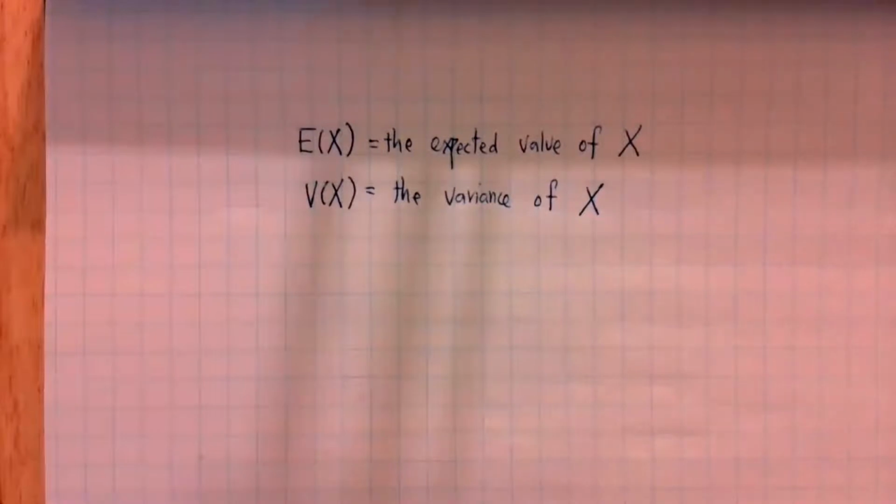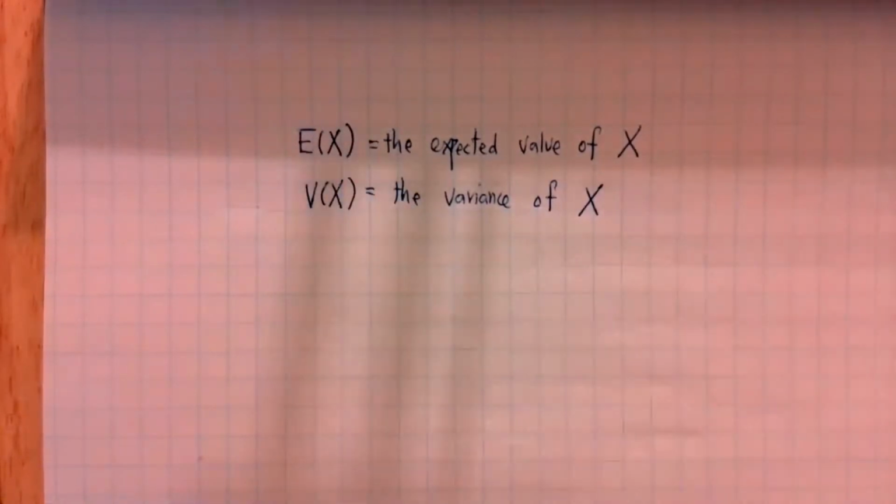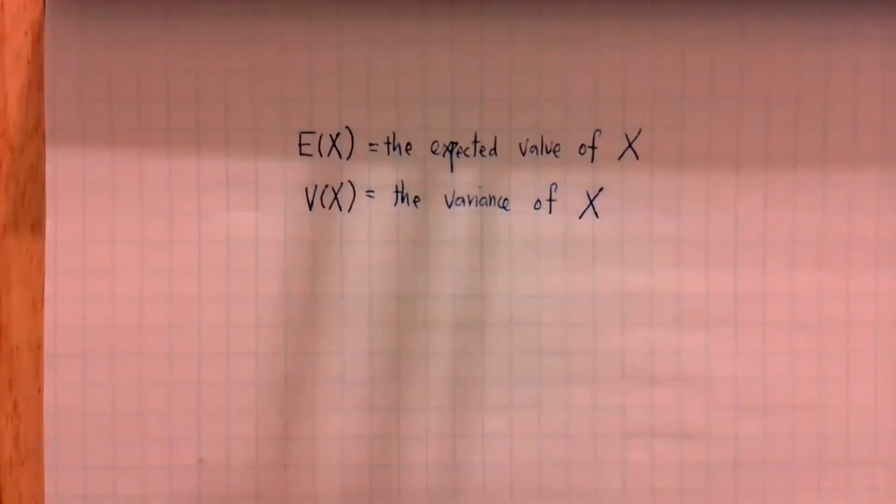Say you repeat this process 1,000 times. After 1,000 experiments, you add all the heads from each experiment and divide by the number of experiments. You're going to get this number, the expected value of X. Around this number is what you expect to see on X.